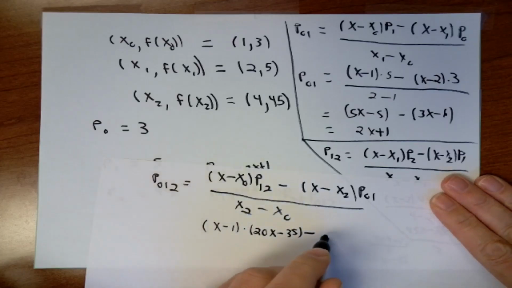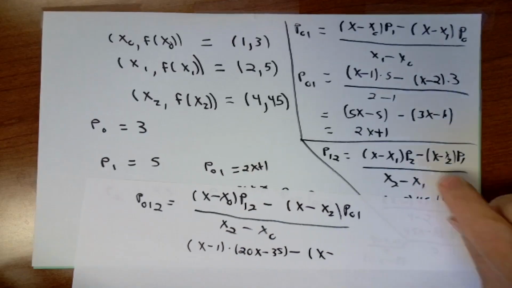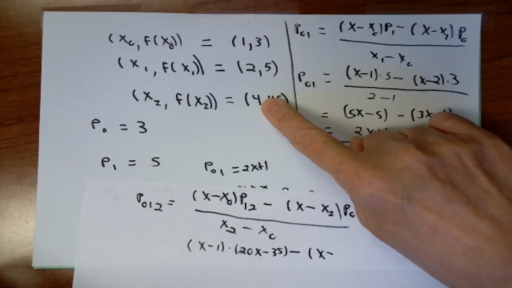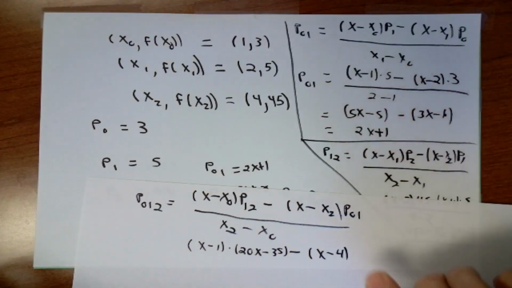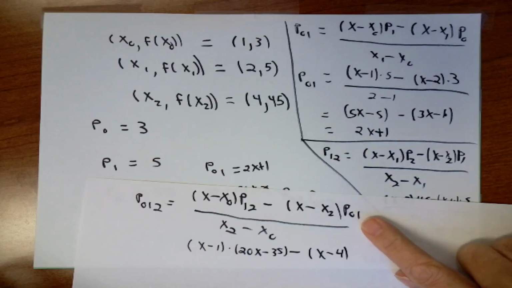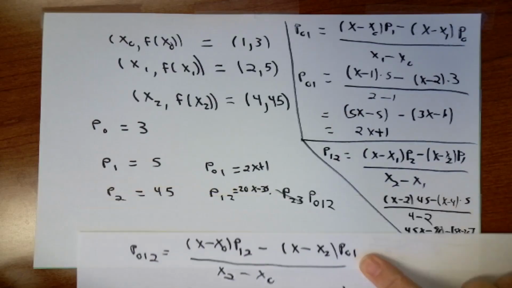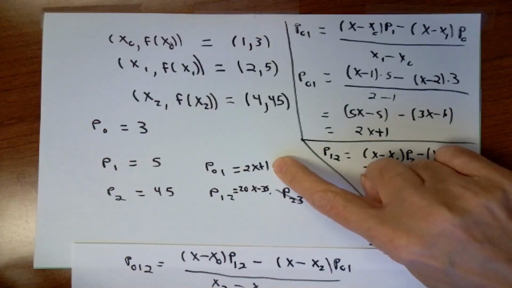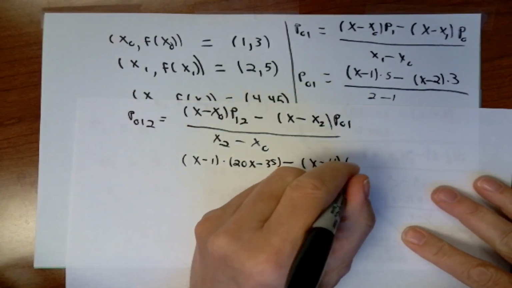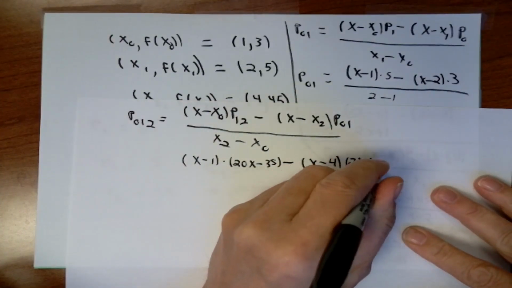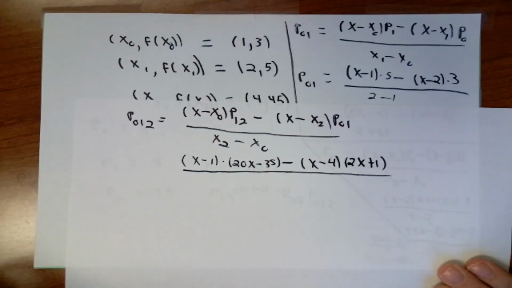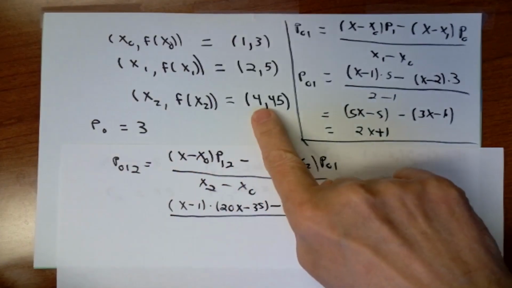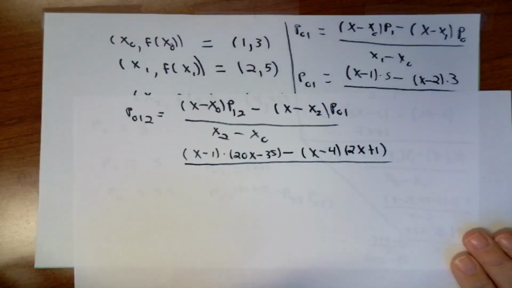Then from that I have to subtract x minus x2, which is 4, and I have to multiply by the polynomial that goes with the smaller of the two indexes, which worked out to be 2x plus 1. Divided by x2 minus x0, that would be 4 minus 1.